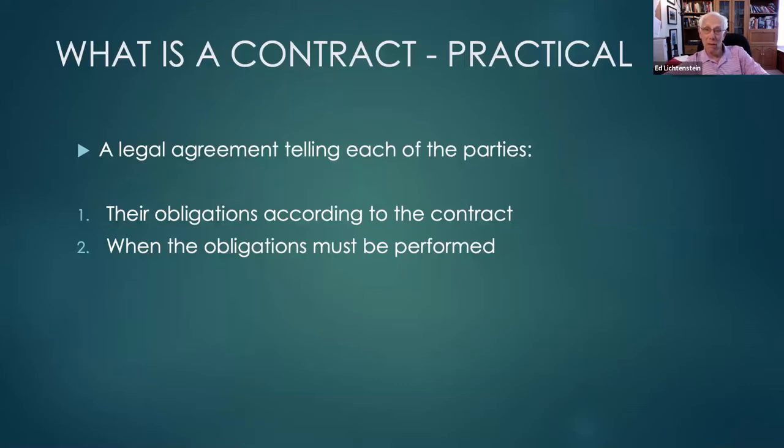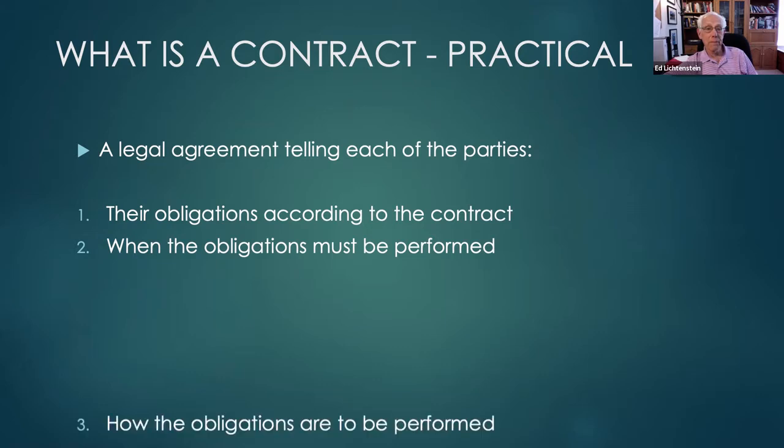It can be an MOU. It can be a set of promises. It can be almost anything if both parties have agreed it's legal and consideration is offered for the obligation.